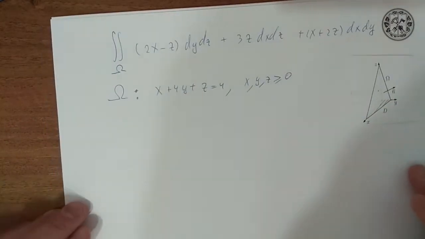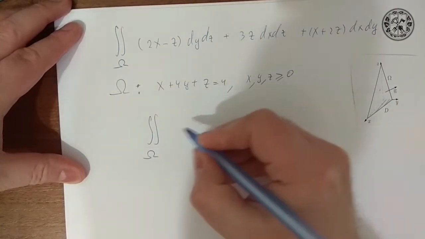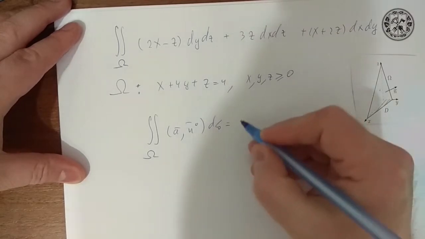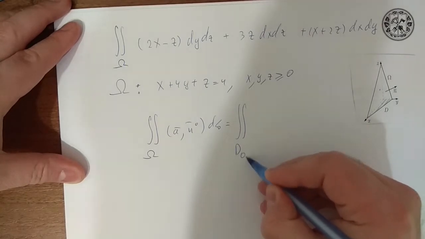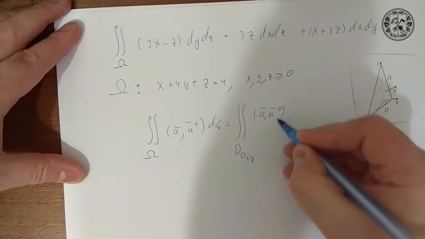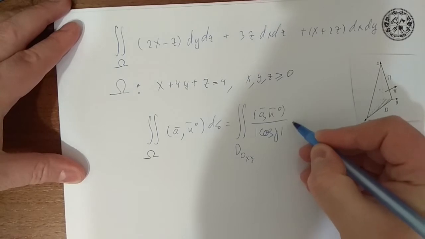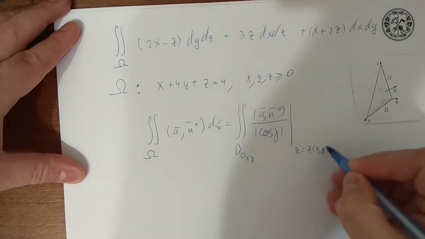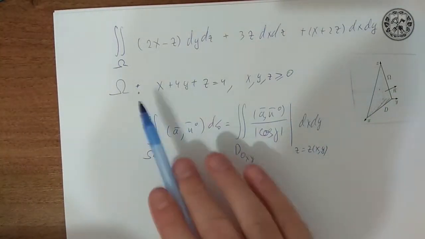To calculate this integral, we can use the next formula: the integral of the second kind of a n0 d sigma is the double integral by projection on xy of a n0 divided by modulo of cosine gamma, where z is substituted by its function, dx dy. This z is derived from the equation of the surface.